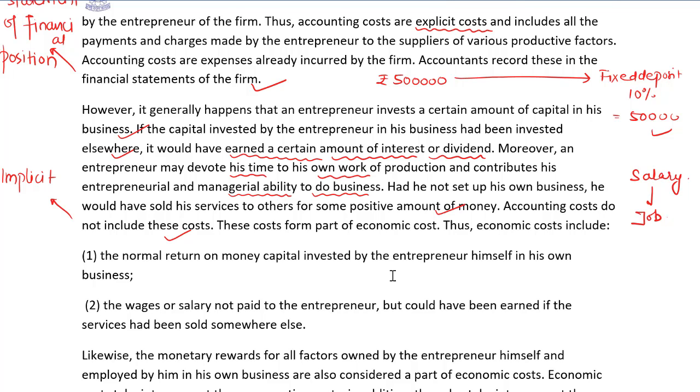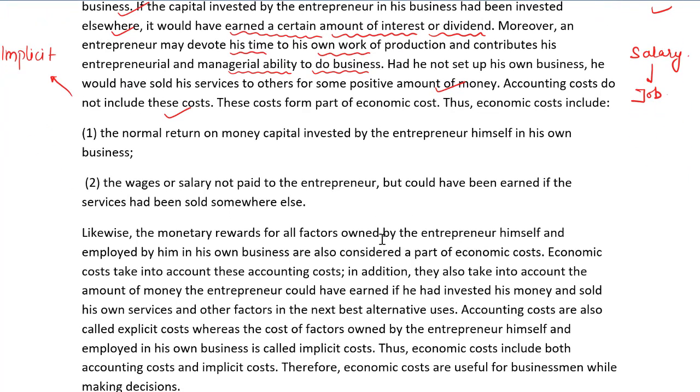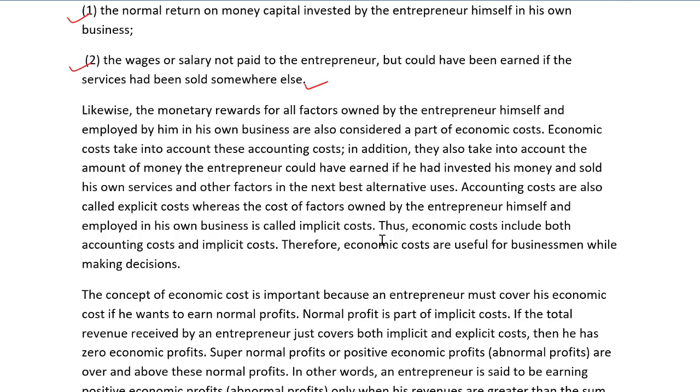Thus, economic cost includes: A, the normal return on money capital invested by the entrepreneur himself in his own business, that is implicit cost, and wages and salaries not paid to the entrepreneur but could have been earned if the services had been sold somewhere else. Likewise, the monetary rewards for all factors owned by the entrepreneur himself and employed by him in his own business are also considered a part of economic cost only.